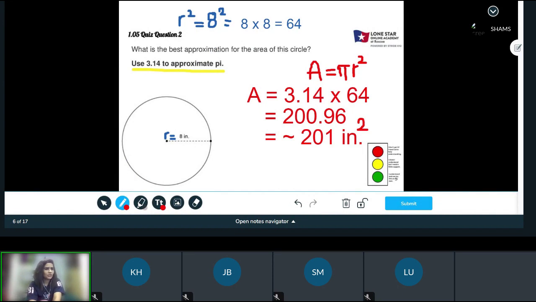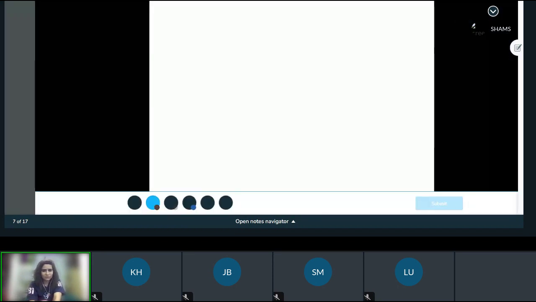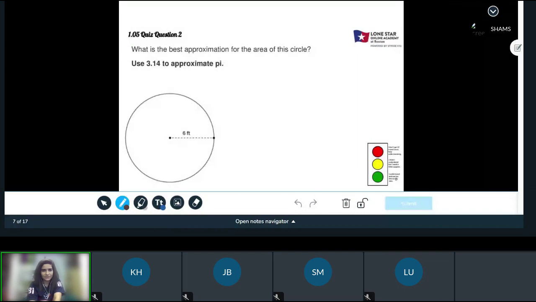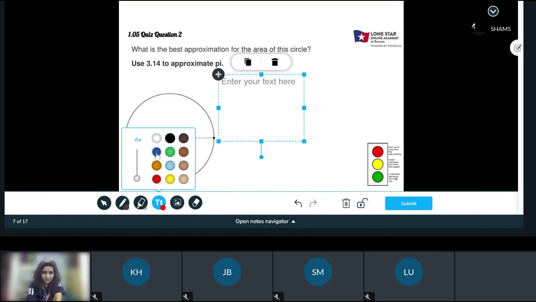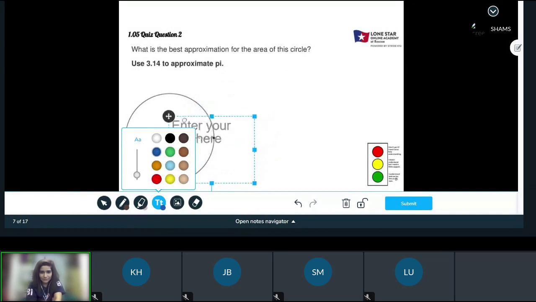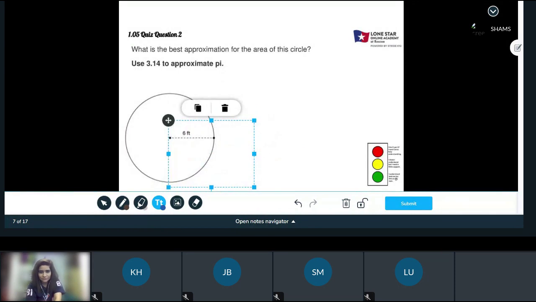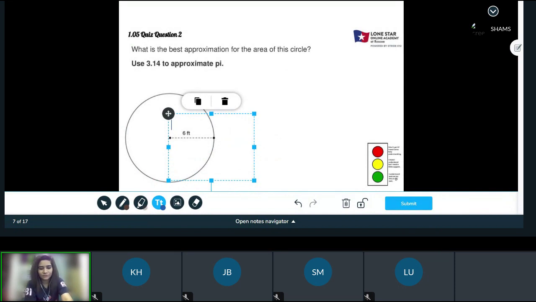Let's look at question 2, second version. Some of you might have question 2 that looks like this. And I can write down the radius big and clear enough for you. I was using blue for radius, and we can say that radius is given to us in the question, and it is 6 feet. Radius is 6 feet.